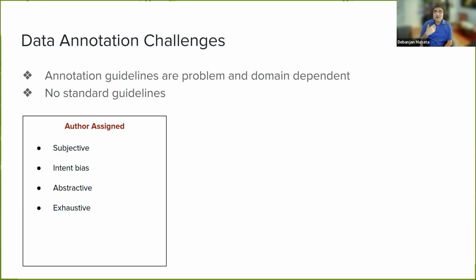So you as an author would like to assign those phrases which can make your work more discoverable. So there is a kind of hidden bias to assign phrases which are even more generic, abstractive, and exhaustive.